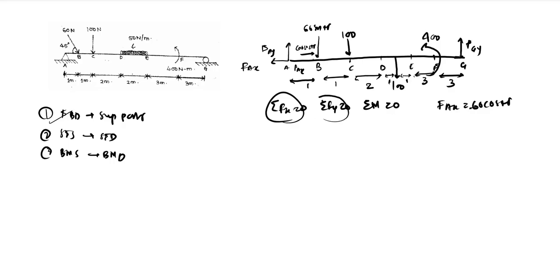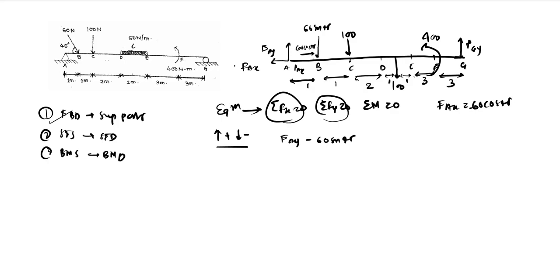And next, we can apply the summation of Fy is equal to 0 condition. So all of these are equilibrium conditions. We have summation of Fy is 0, which will be FAY at A minus 60 sin 45. So we are considering upward force as positive and downward force as negative.